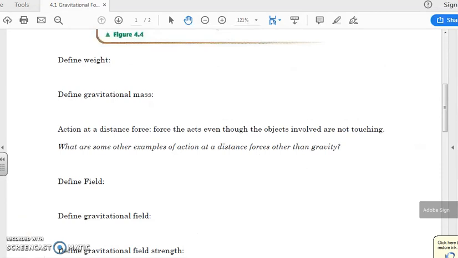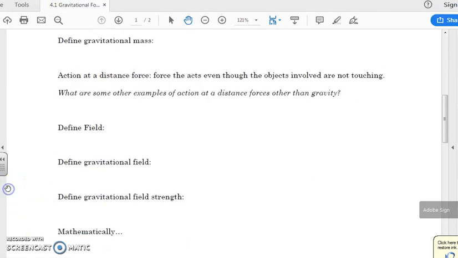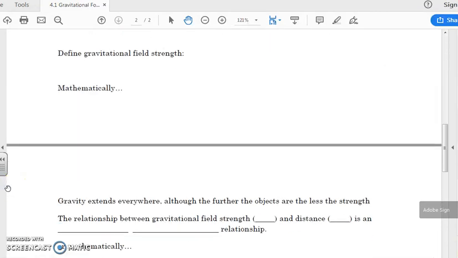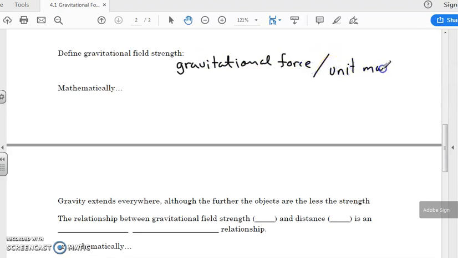So, continuing on, gravitational field strength. If we take a look at a gravitational field strength, how strong is that gravitational field? Well, that's really just the gravitational force per unit mass in the field.